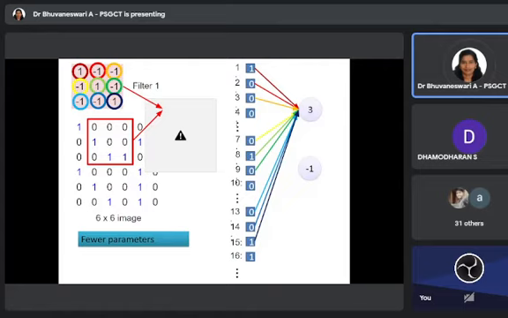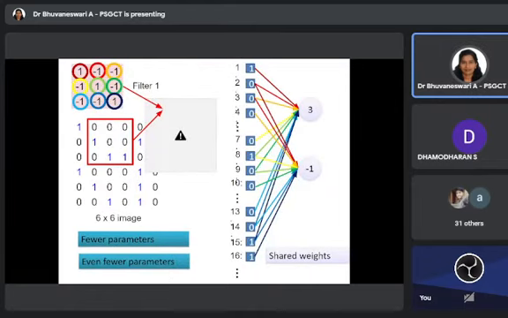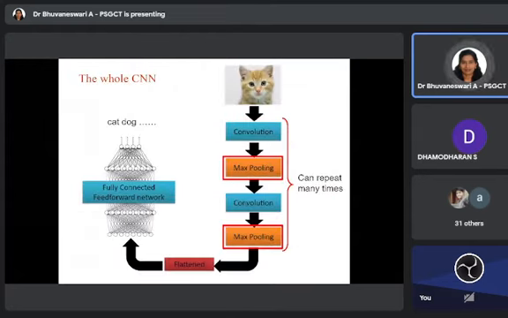Once you have reduced, then you go for the max pooling process. This is what you call max pooling. Having the convolution, dividing the frames and then pooling it together and reducing the frames based on the parameter values or the shared weights. Once there are more common shared weights, then those filters are reduced.